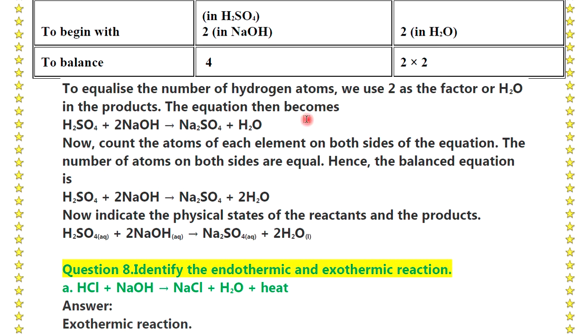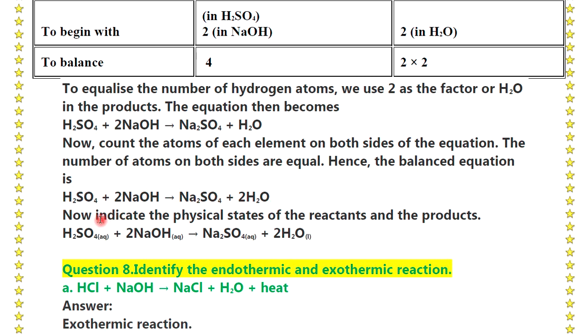The equation then becomes H2SO4 plus 2NaOH gives Na2SO4 plus 2H2O. Now count the atoms of each element on both sides of the equation. The number of atoms on both sides are equal. Hence the balanced equation is H2SO4 plus 2NaOH gives Na2SO4 plus 2H2O. Here all the atoms of the elements are balanced.